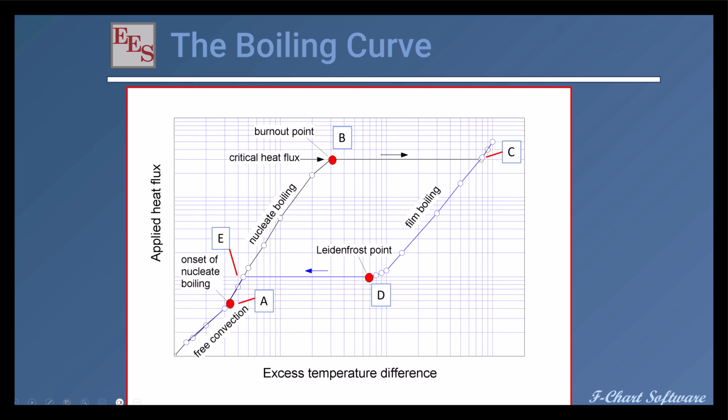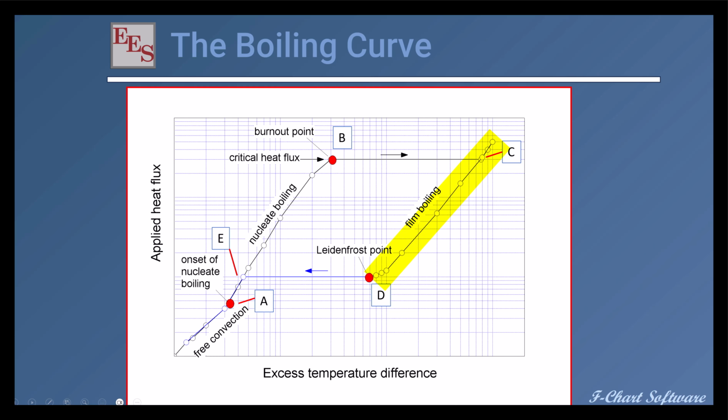And once I have those points, then it's very easy to write an array that just fills in the line from 0, 0 to point A using free convection, and point A to point B using nucleate boiling, and point B to point C. That's easy. That's not even any correlation. It's just horizontally moving.